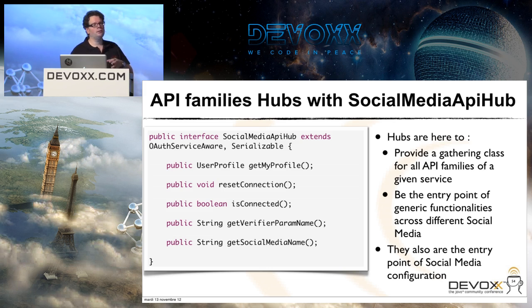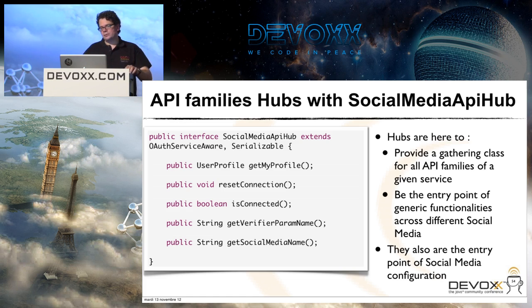For instance, right now in Agorava, it's in the social media API hub that we can get information about user, and we have a way to provide a standard across the user. So the social media API hub use the underlying family to provide user without knowing what is the underlying social media. We will see an example later.